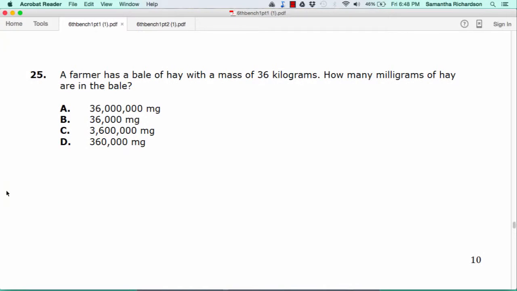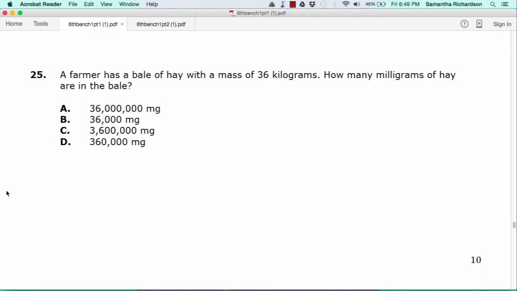Question 25. A farmer has a bale of hay with a mass of 36 kilograms. How many milligrams of hay are in the bale? A, B, C, D. A, 36 million milligrams.